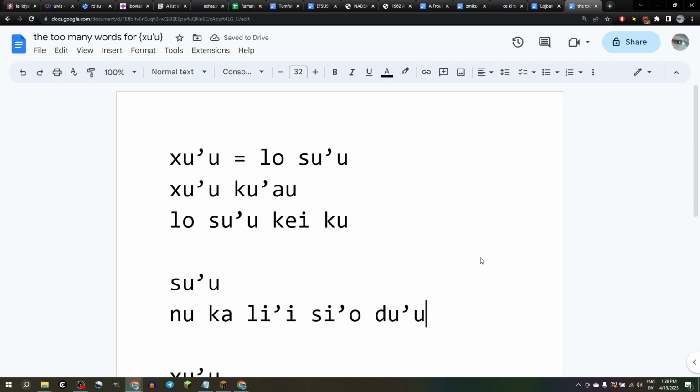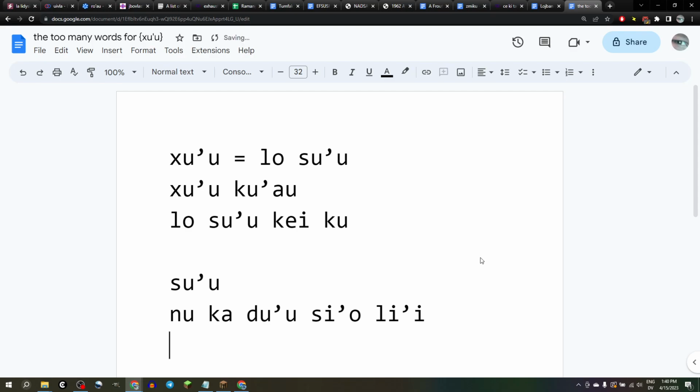I probably covered that not quite in order of importance: nu, ka, duhu, siho, and lihi, and others. But most importantly, I would say in order of importance, roughly, nu and ka pretty much even, these are ways of taking a sentence and making it into a verb. These go sentence to verb.